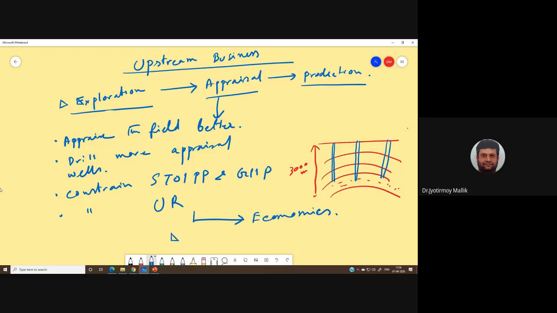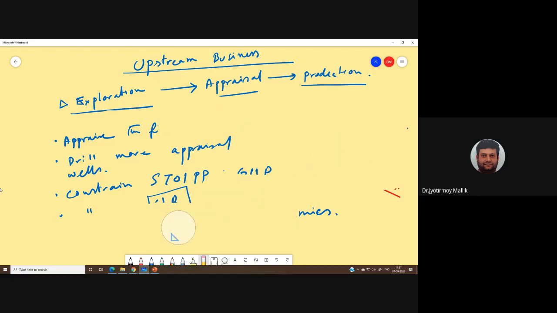So that is what economics is all about, whether I should proceed with the production, or whether I should stop the production right now and do something else. So that sort of economic decision has to be made based on this UR value, ultimate recovery value.